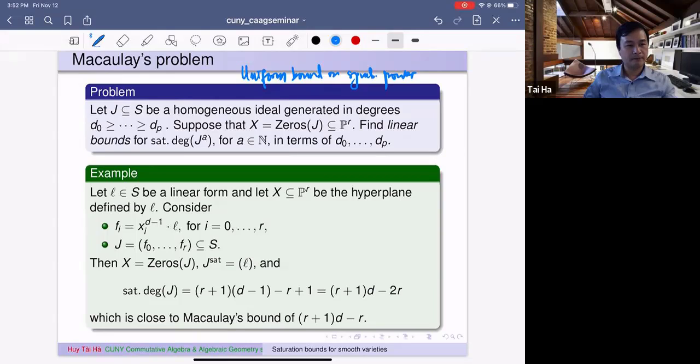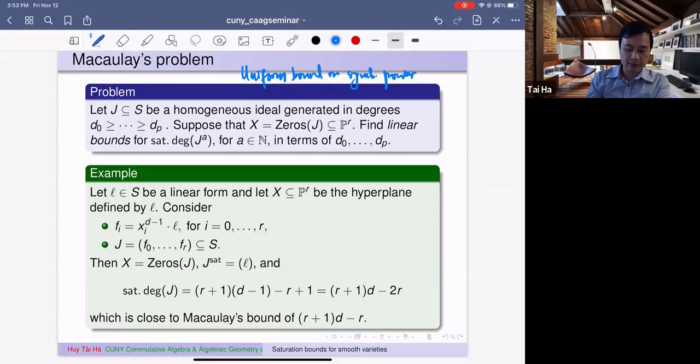Let's say we can estimate the regularity of the a-th power of the ideal sheaf of X in terms of the regularity of the ideal sheaf itself.